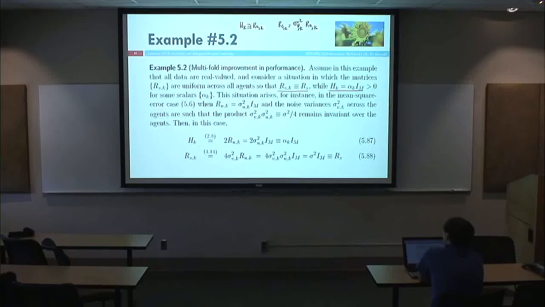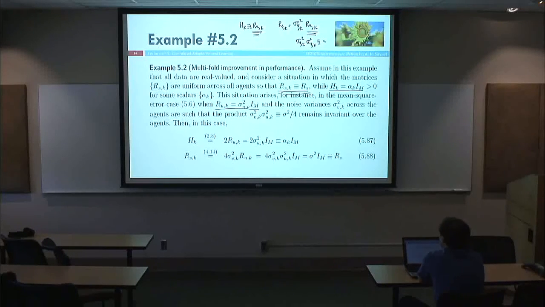Now, if I want the HK to be a multiple of the identity, then just choose this RUK to be of this form, a multiple of the identity. Then the HK will be a multiple of the identity. So choose this product to be some uniform value, then this condition is satisfied.